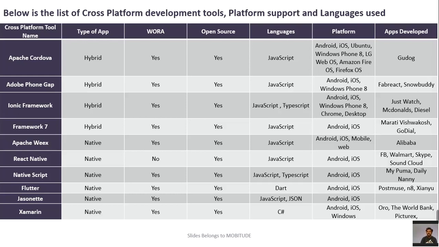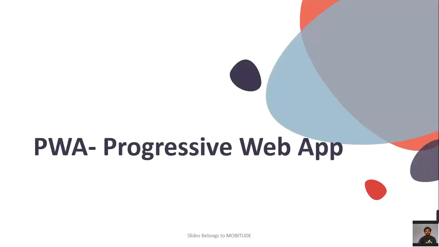So let us discuss the next type of application, that is the progressive web application, and it is a very nice application. Let us see why it is nice. A progressive web app is a web app that uses modern capabilities to deliver an app-like experience to users without installing.